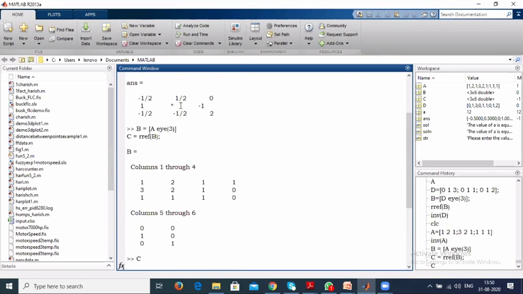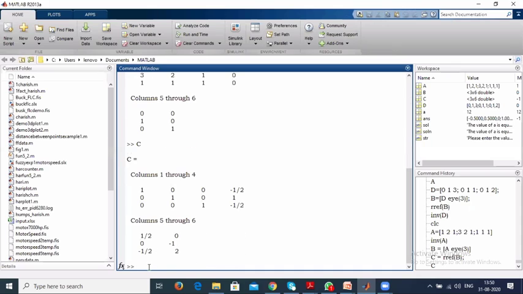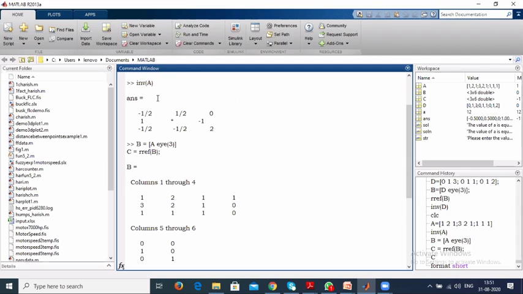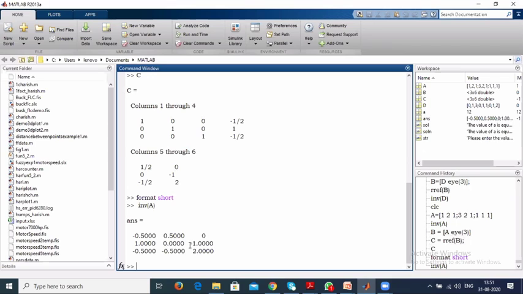Whereas previously in INV, it was giving a star. Why? Because here I have written it in the rationalized form. That's why it is not displayed here. If I write INV of A after format long, and then format short, and I write INV of A, it will generate this value as 0.